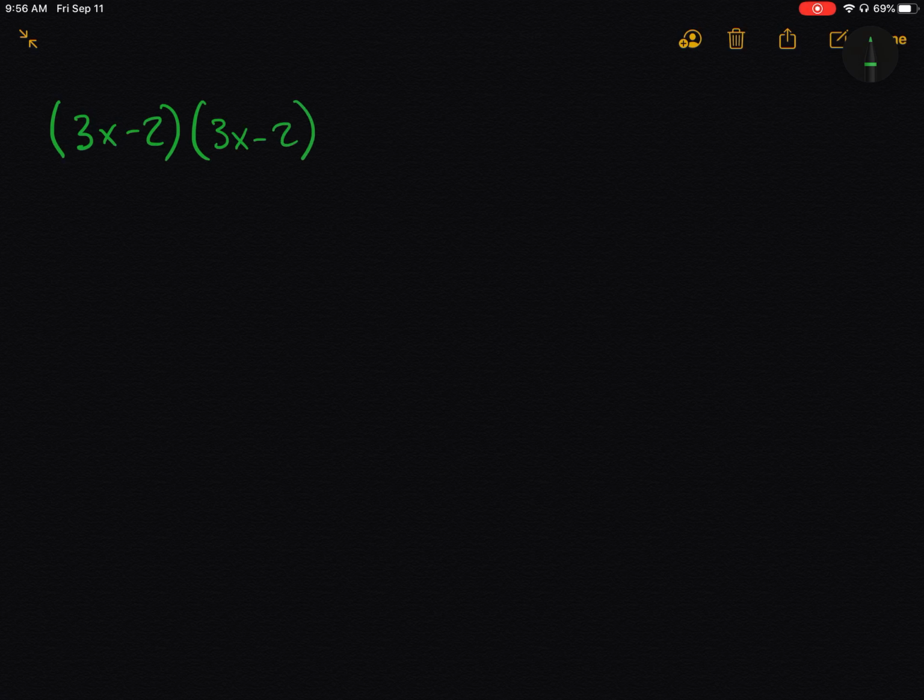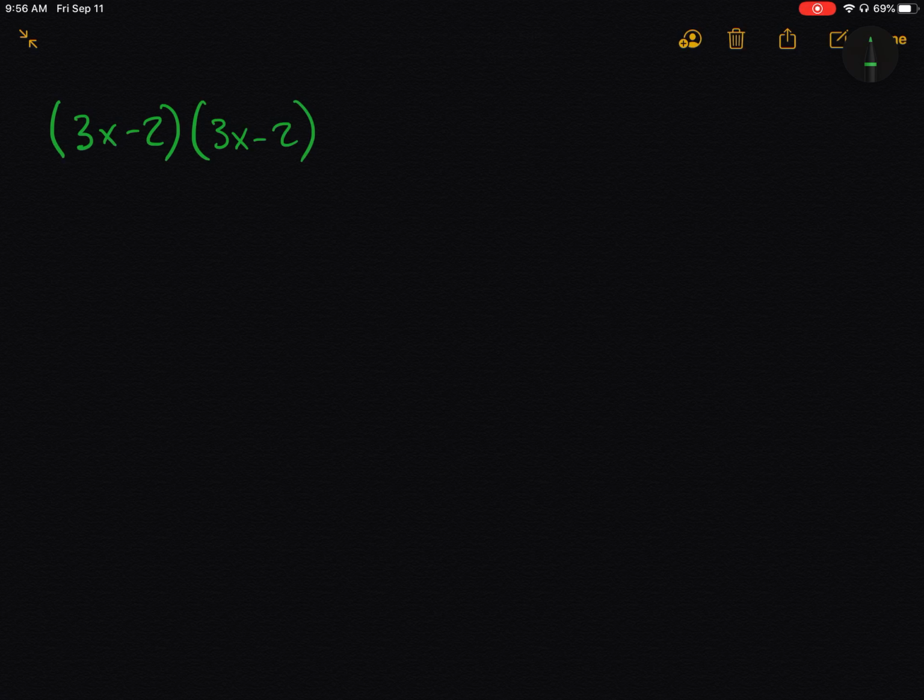In our next example, we have a perfect square trinomial, but it's still going to factor the exact same way. In case you forgot what a perfect square trinomial is, I will quickly show you. Perfect square trinomial would be if we had something like 3x minus 2 times 3x minus 2.